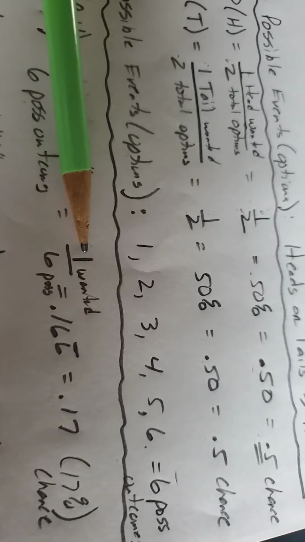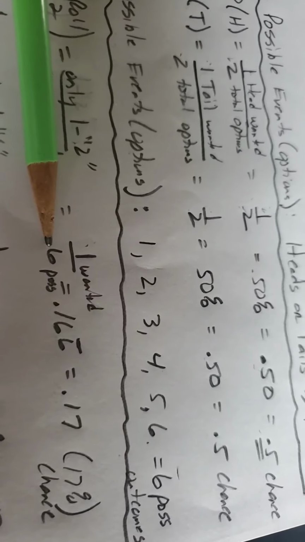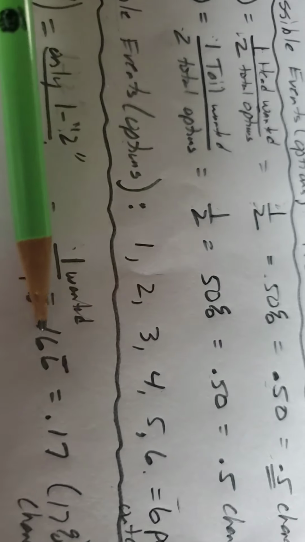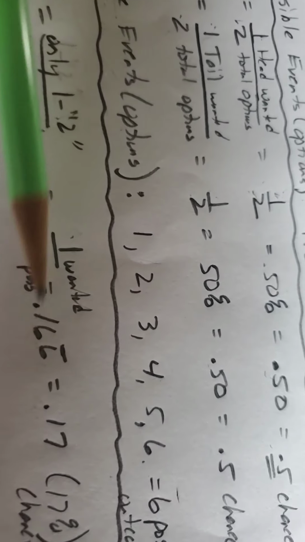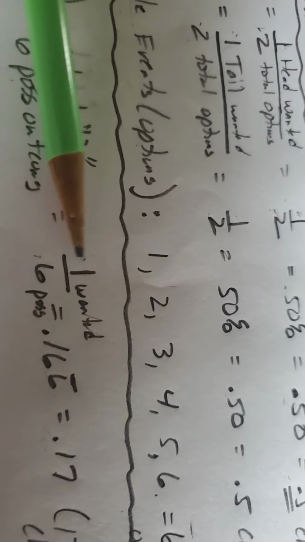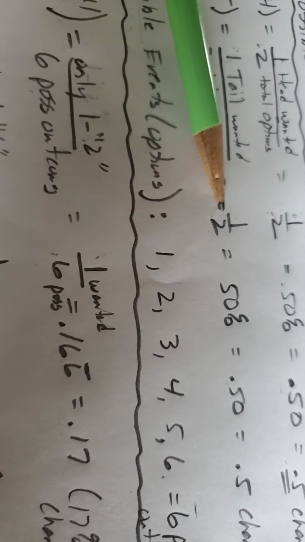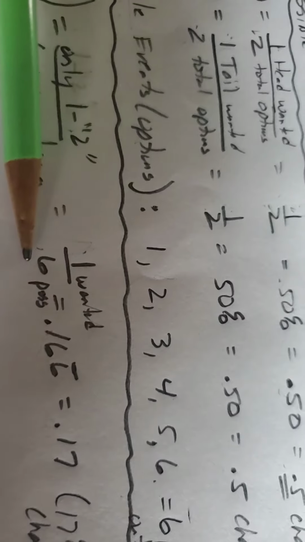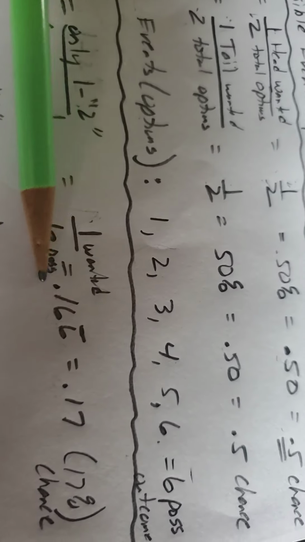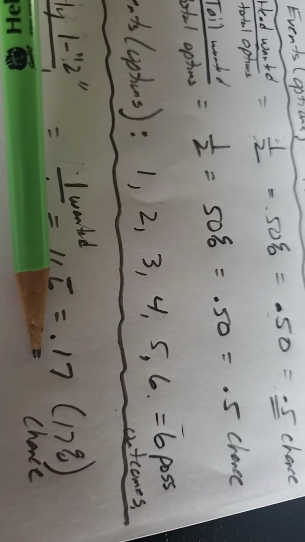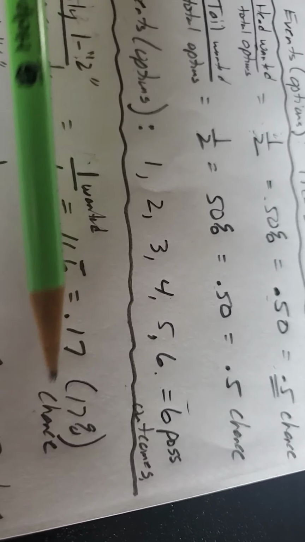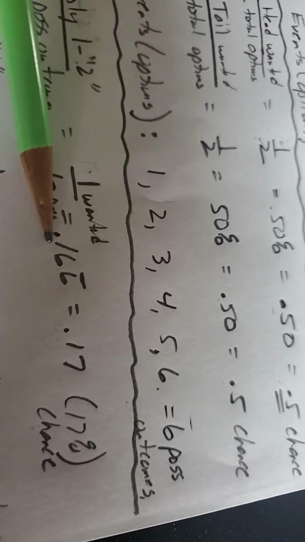So there's one wanted outcome over 6 possible outcomes. When you divide 1 by 6, you get 0.16666 repeating. That's just a coincidence. 1/2 isn't 0.1 repeating. But when you divide by 6, you do get 0.16 repeating, or 0.17 if you round it. Or you could call it a 17% chance, or the exact answer is a 0.166 chance.